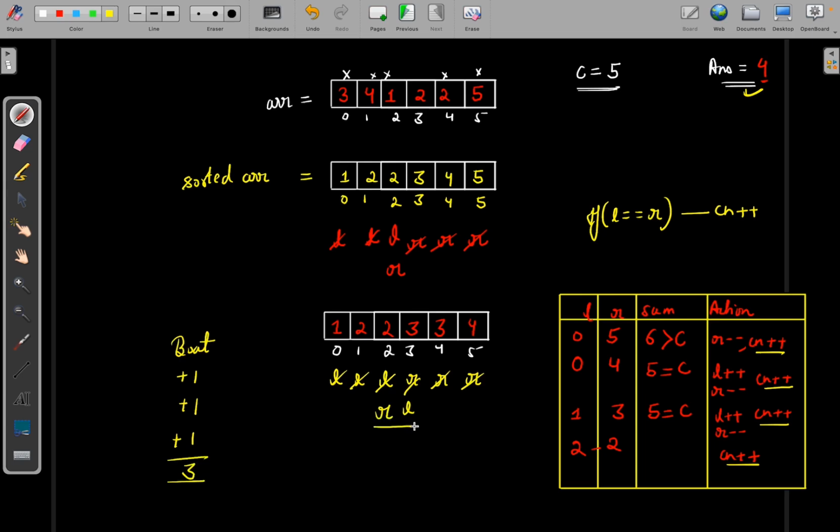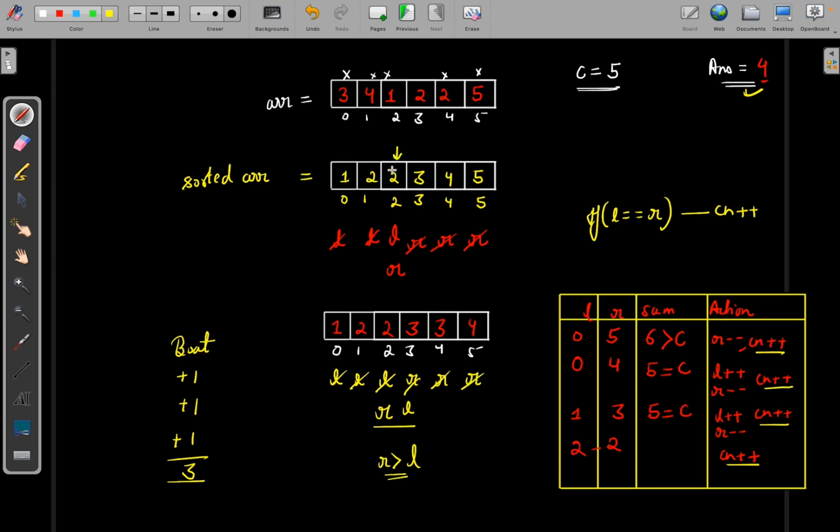Now you can see that R is now crossing L, right? So this condition won't be met here, and that's why we don't need to add one extra count here. We only count when there are odd elements, because we need to fill the boat with the person who is left. One person is left with some certain weight. It can be less than capacity, it can be equal to capacity.